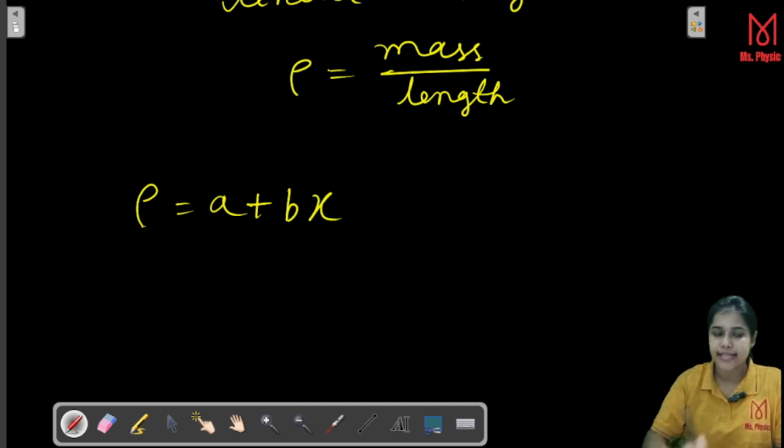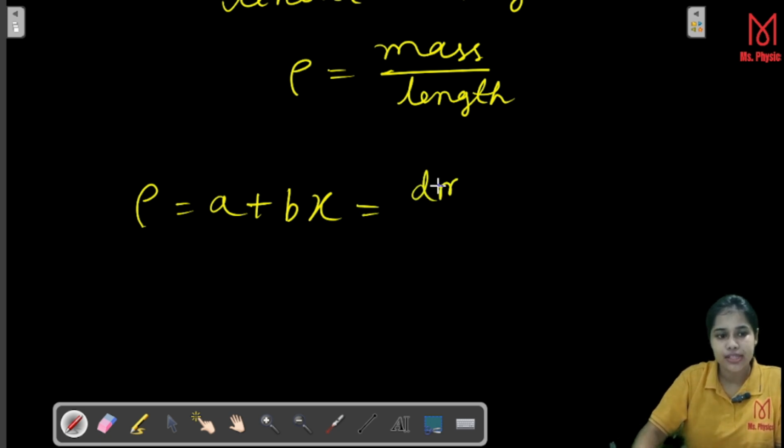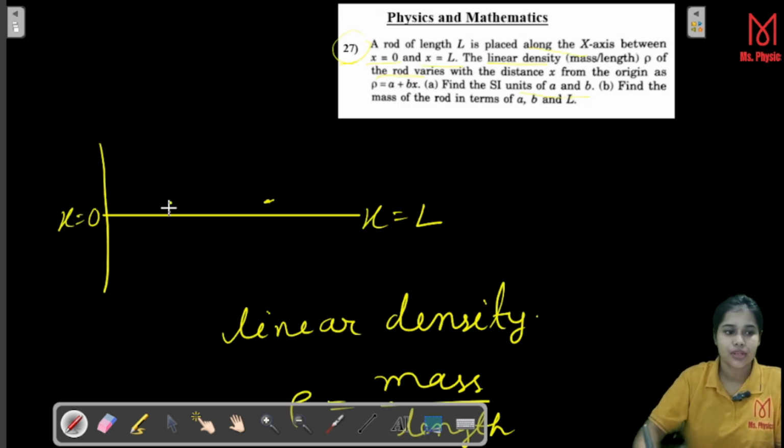This is the expression. Now here we can write rho is equal to dm by dx for a particular length. Suppose at this point, this is the elementary length dx.